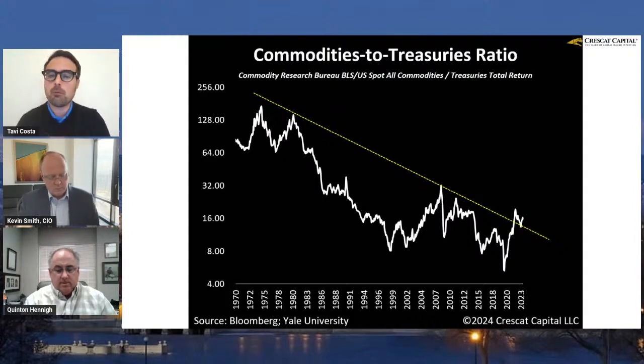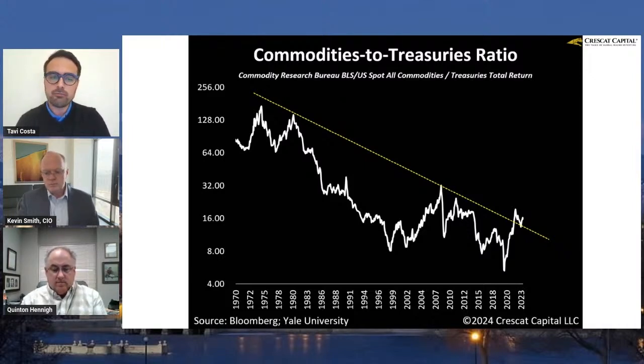I find it interesting how much gold, for instance, went up back in the 1970s when the U.S. government had much less debt than what it does today. And at that period, it allowed the U.S. government to let interest rates rise as much as they did back in the 70s.